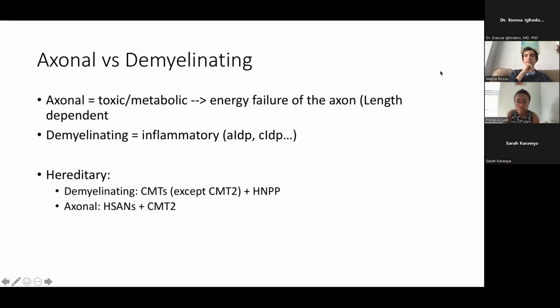What would be the things that you would be curious about, or would like to check maybe on labs? Sarah says diabetic neuropathy, completely agree, absolutely. We'll check an A1C. Is there anything else we should be thinking about?